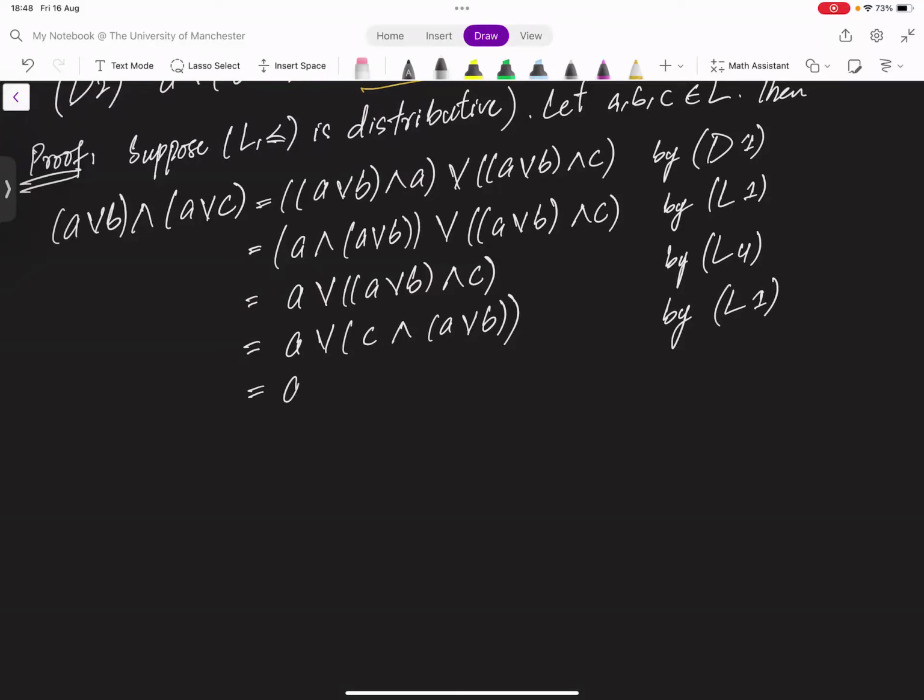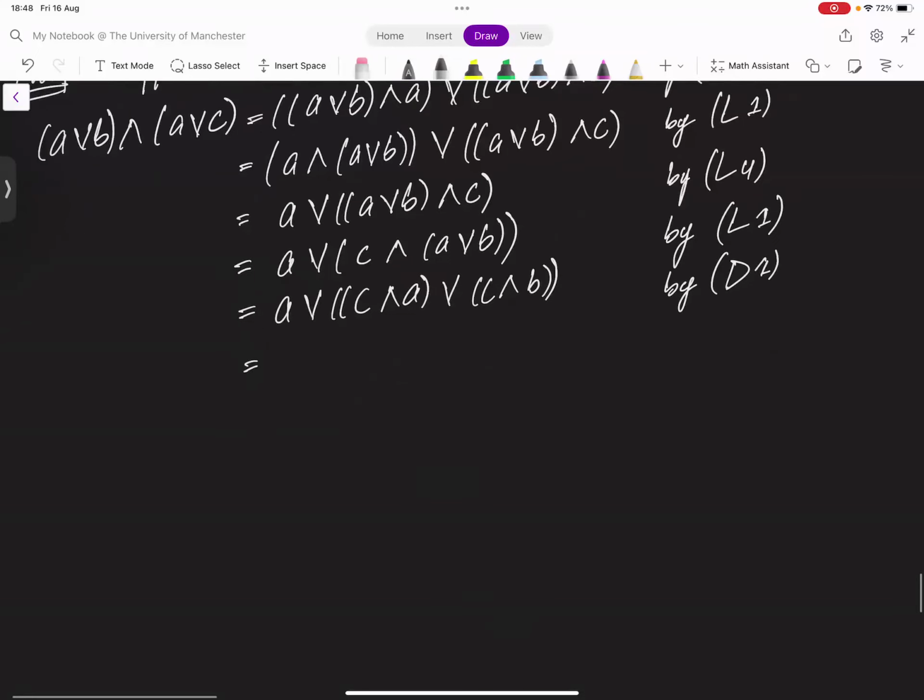Then we can write A and C and A, C and A, or C and B. This is a distribution property clearly by D1.